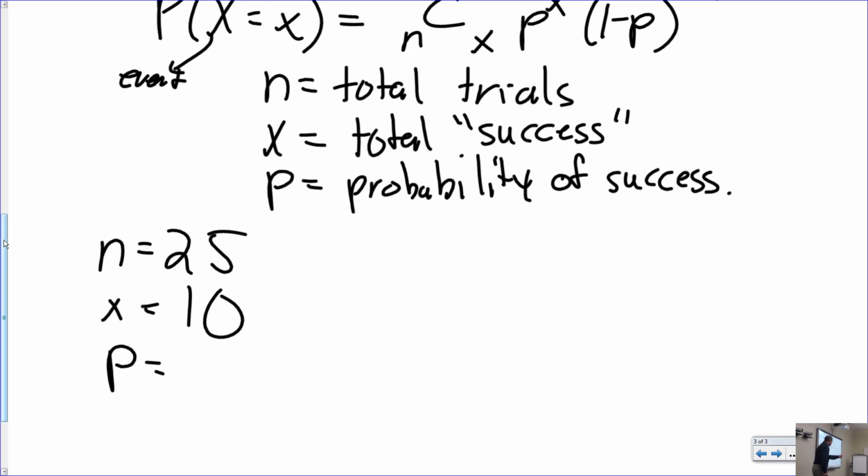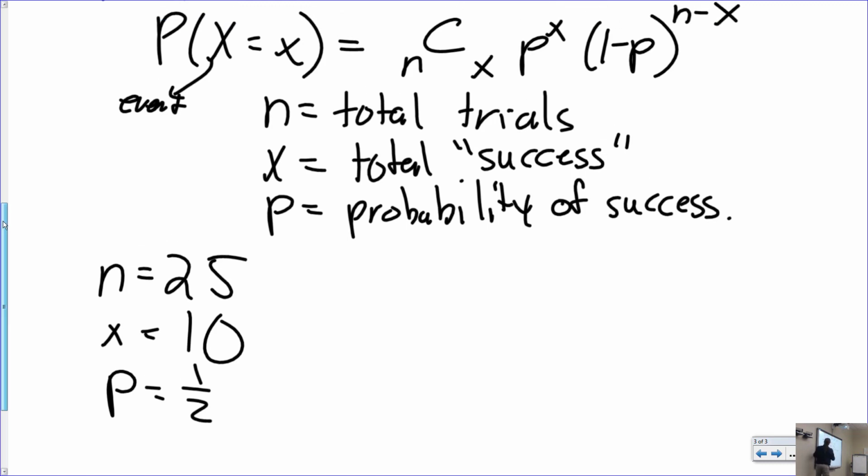What's the probability that you flip a heads? 1 out of 2, or 1 half. So it's just the probability of it happening in one event. When it happens in one event, what's the probability that it does occur? Now use this inside of that formula, and it will calculate the probability for you.